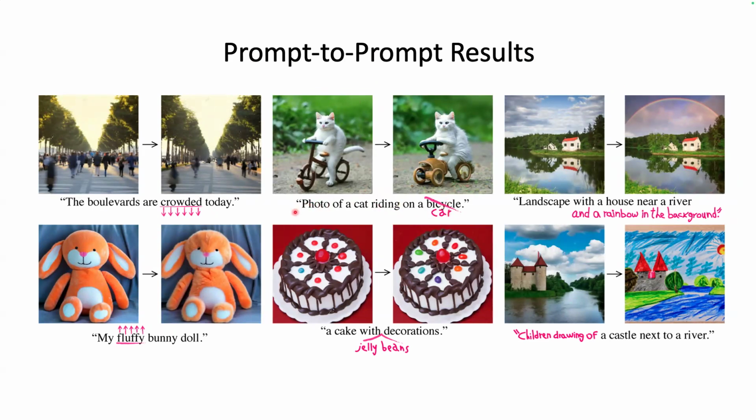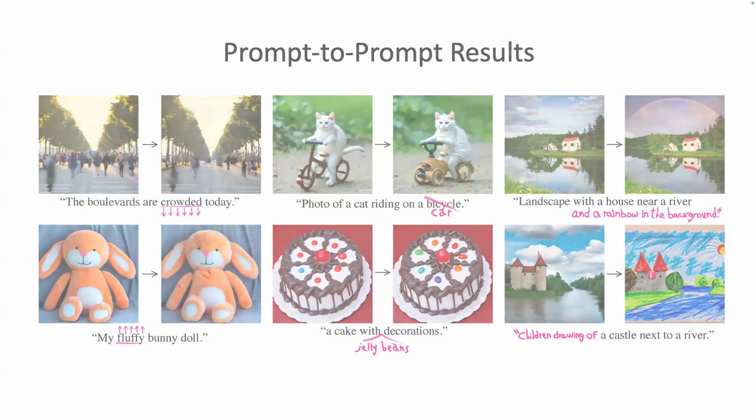So, for example, here, a photo of a cat riding a bicycle, and we want to change the bicycle into a car. So the idea is to inject the cross attention map of the word bicycle while we're generating an image with this prompt with a car. Okay, so this was just a very short introduction about image editing with attention layers.